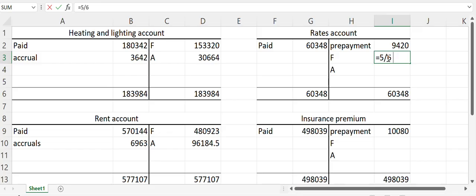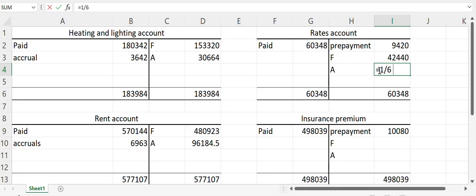5/6. We're supposed to multiply that by open bracket 6348 minus 9420. We get that. Then we say again, it is 1/6.